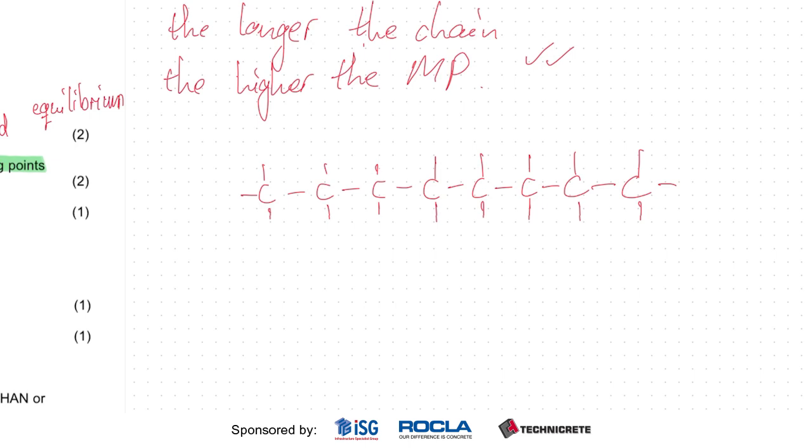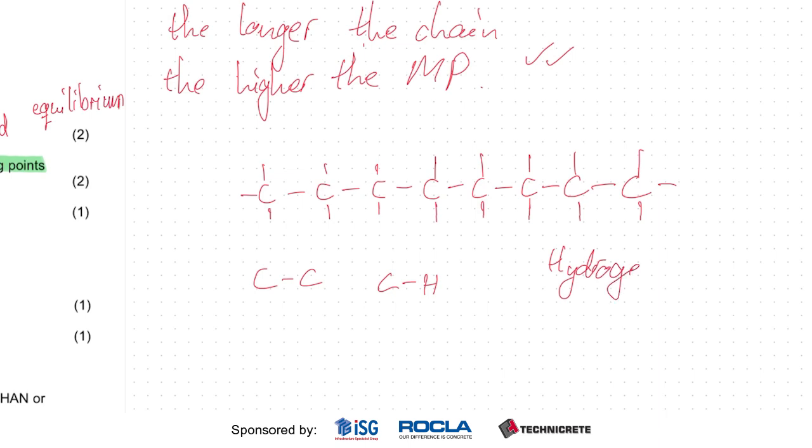Now the thing is, carbon bonds, not very polar. Carbon hydrogen bonds, again, not very polar. There's very little dipole forces in these molecules. There's very little polarity. So what you realize is, anything like hydrogen bonding is out.